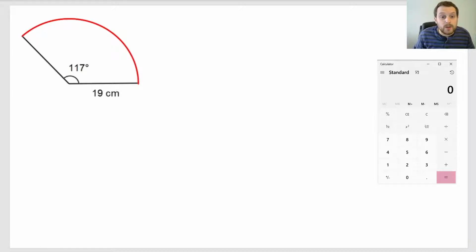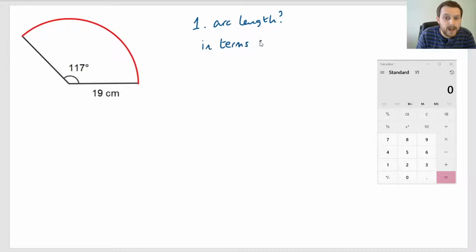Okay, so you imagine you've got this question. It's the same question from yesterday's video. Maybe question 1 says, what's the arc length? And it wants it in terms of pi, right? That's what the Heggerty task was asking. Quite a lot of them were asking for it in terms of pi.